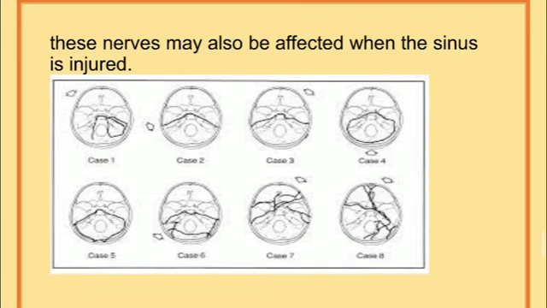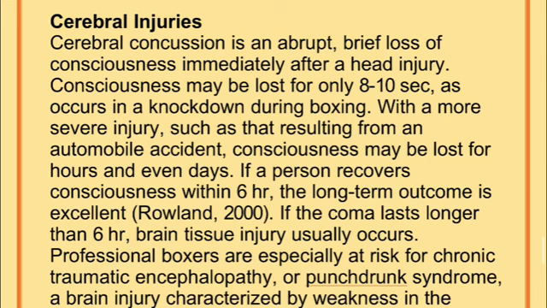When there is severe injury, like from an auto crash, consciousness may be lost for hours and even days. If the person recovers consciousness within 6 hours, it's a good case. But if the loss of consciousness lasts longer than 6 hours, brain tissue most likely is injured.